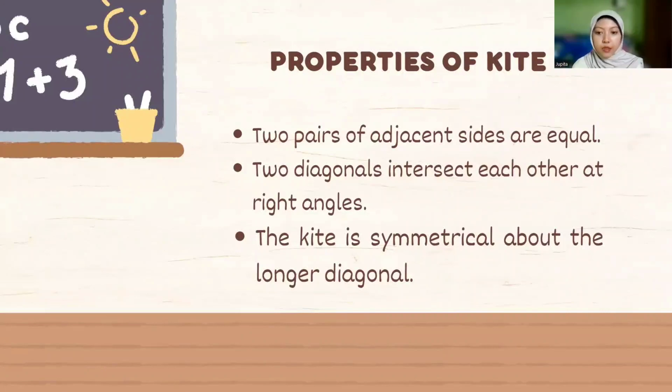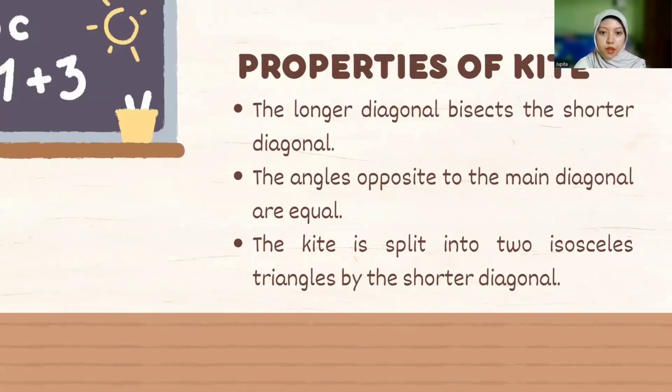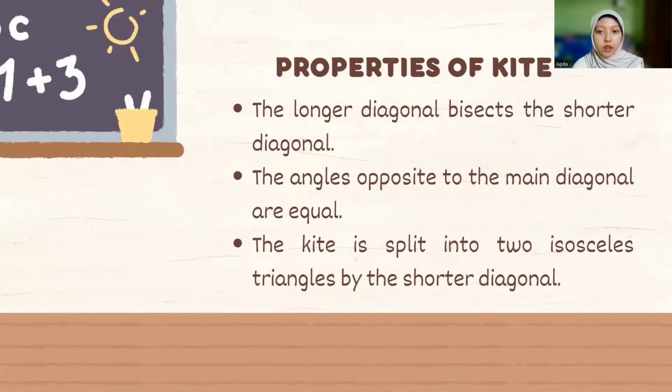The kite is symmetrical about the longer diagonal. The longer diagonal bisects the shorter diagonal. The angles opposite to the main diagonal are equal. The kite is split into two isosceles triangles by the shorter diagonal.